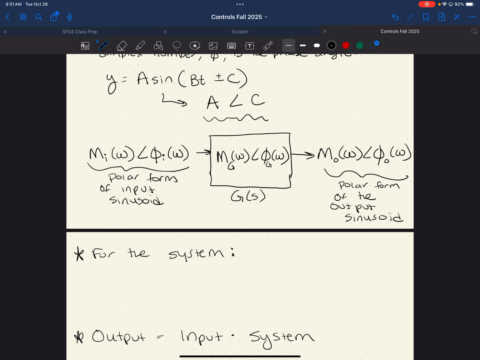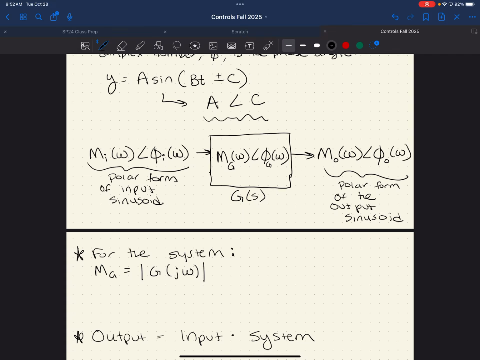So for the system, M_G is going to equal the magnitude of our transfer function if I plug in the value j omega for s. Remember, s is a complex number. So if I have a transfer function in terms of s's and I plug in j omega, I'll get a complex number. Usually it'll be a complex number over a complex number because our transfer functions are usually numerator over denominator. They're fractions.